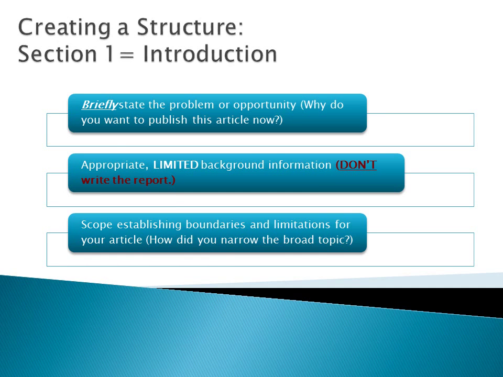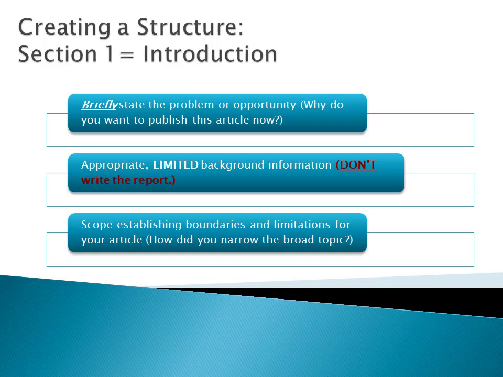Okay, so section 1 is the introduction. Briefly, see how that's italicized and underlined. Briefly state the problem or opportunity. Why do you want to publish this article now? Then an appropriate limited background. Don't give too much information.